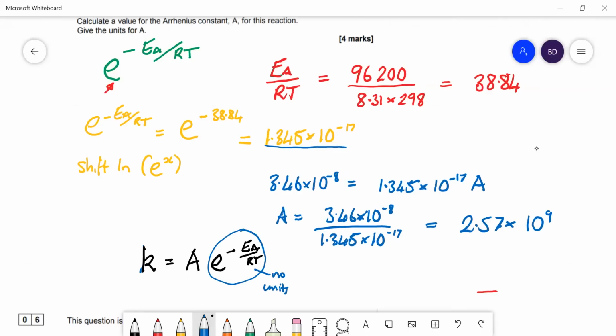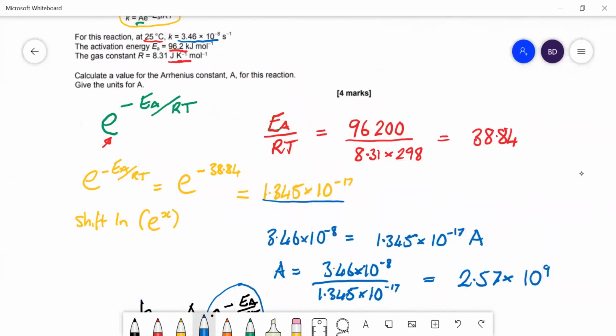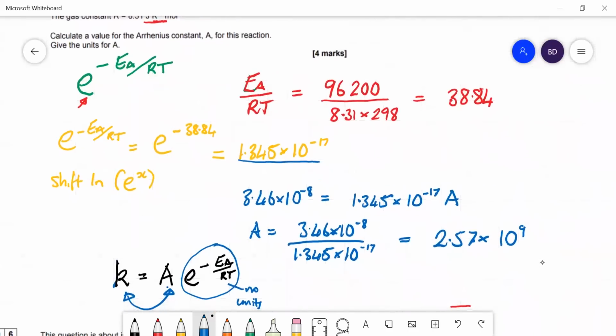So that means A and k have the same units as each other. And what were the units of k in this particular reaction? k can have different units, of course. In this reaction, it's seconds to the minus 1. So the units for A are seconds to the minus 1. As I say, it didn't ask you for that in that question, but they have asked that before a couple of times.